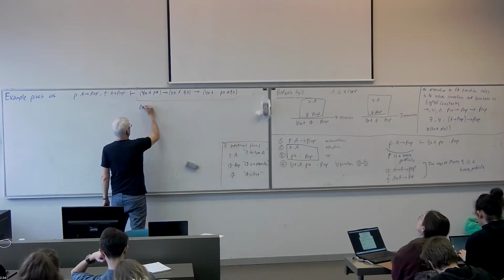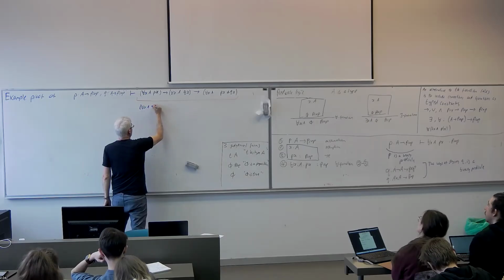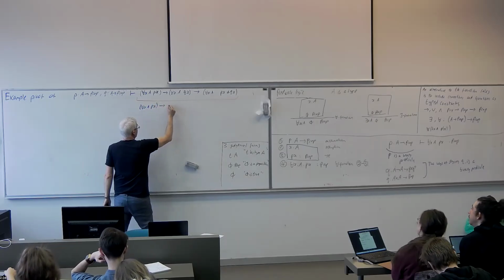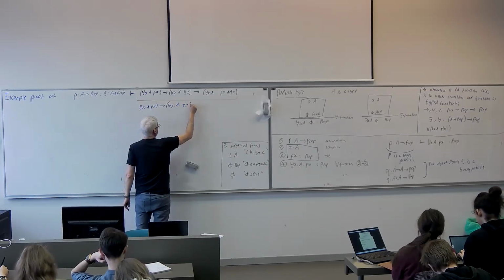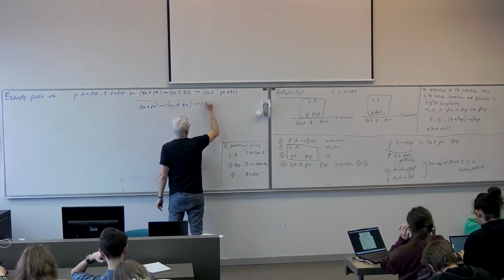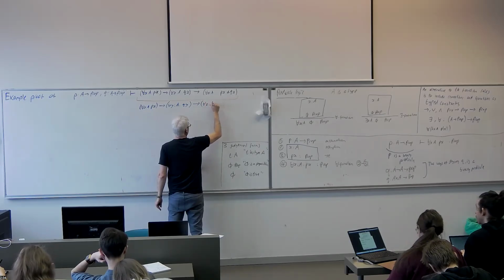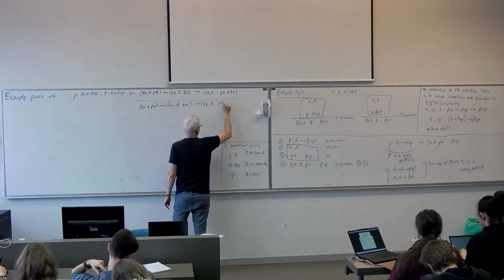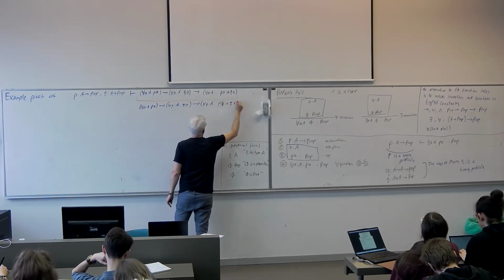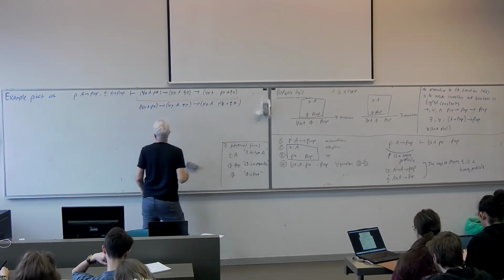But that could perfectly well be: for all x in A, Px implies for all y in A, Qy implies for all z in A, Pz and Qz. That says exactly the same thing.